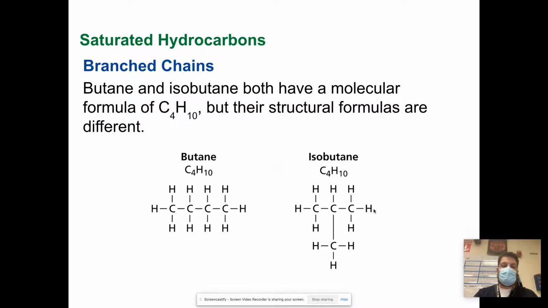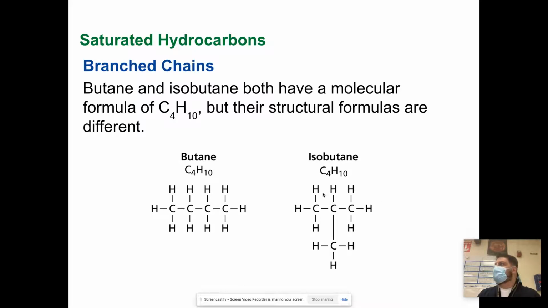So, branched chains. Butane and isobutane have the same molecular formula, C4H10, but their structural formulas are different. So this is the same with regards to the number of carbon and hydrogen atoms, but how they're actually arranged is different.